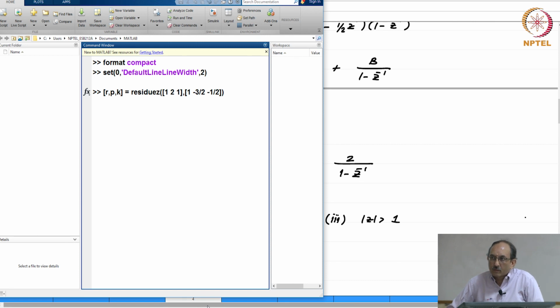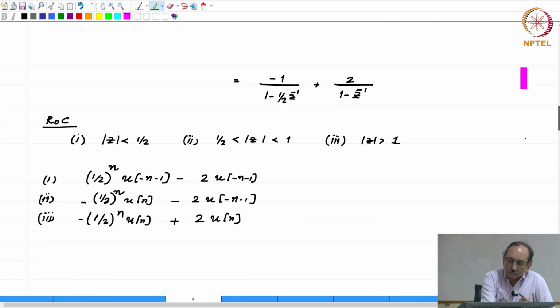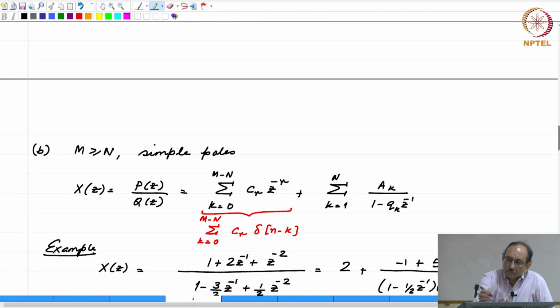What you will get here for the K will be the quotient polynomial. You will get all the c coefficients. Remember, we had this, right?